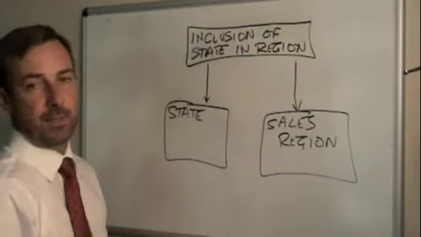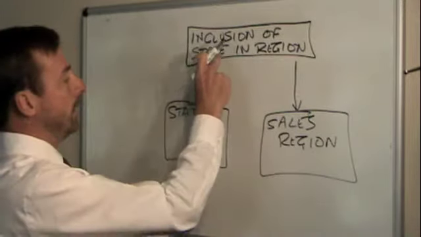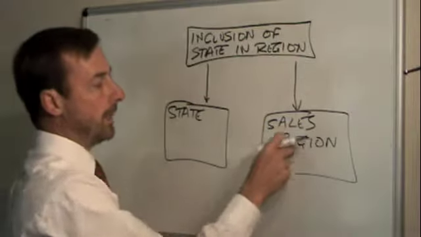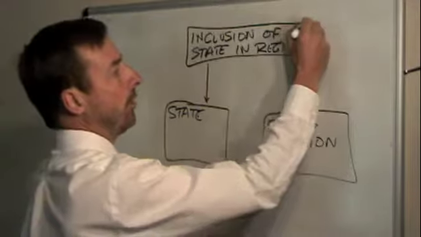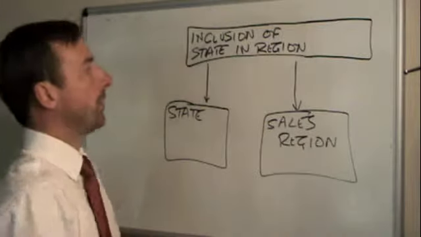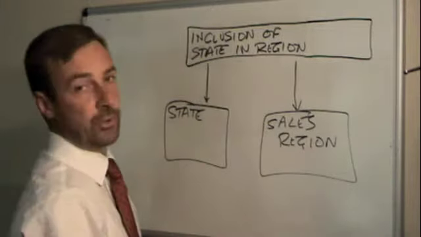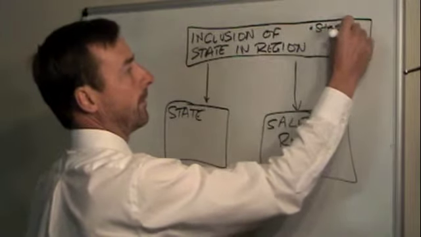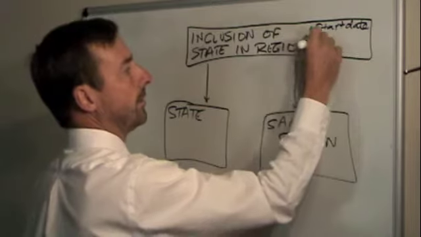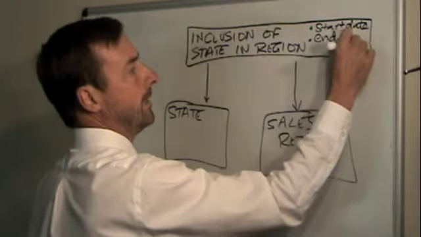So each of these entities represents the inclusion of a particular state in a particular region for a particular period of time. So the attributes of this inclusion entity will be a start date and an end date.